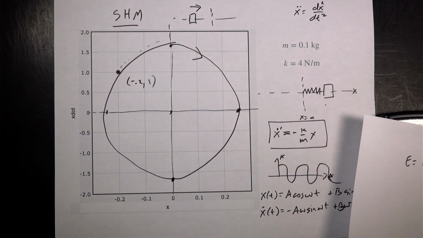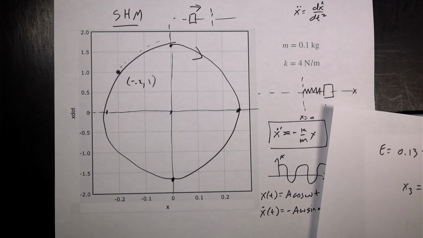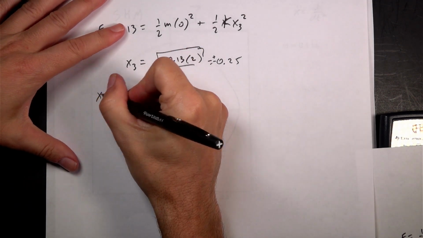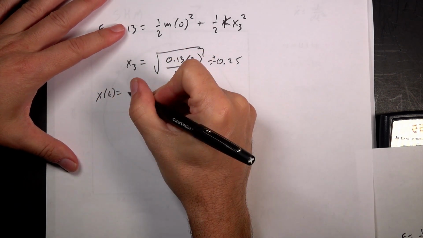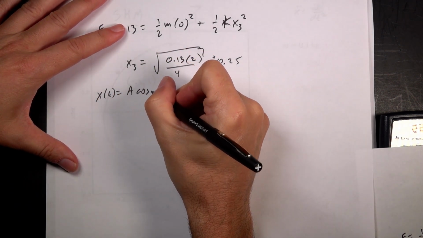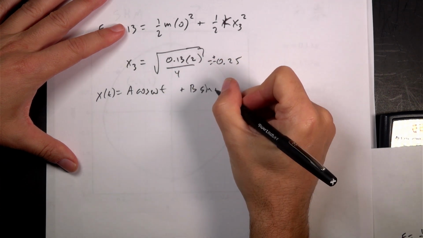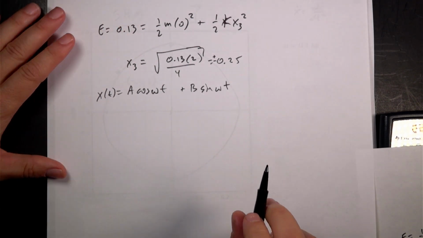Okay, so let's go ahead and make this graph in Python and see how it looks, just to check. It'll be fun. So if I have x of t equals a cosine omega t plus b sine omega t, I need to find a and b. So let's do that really quick.